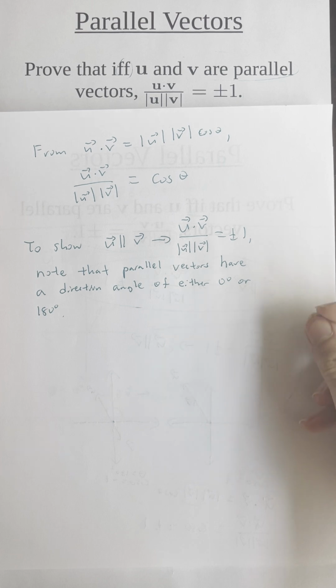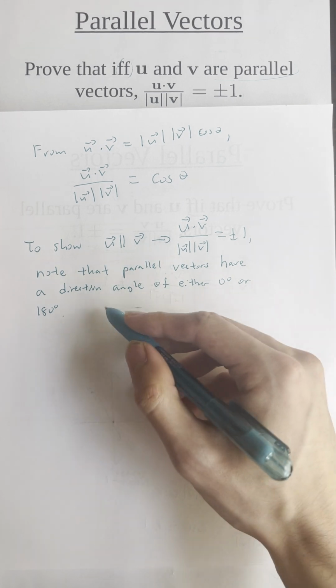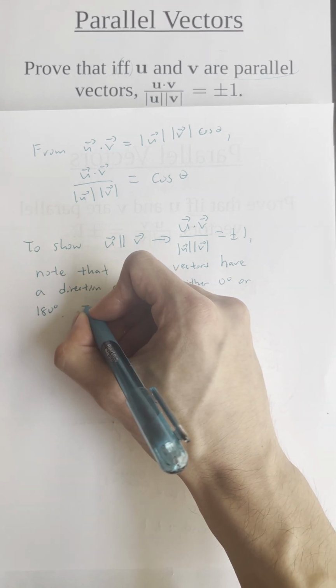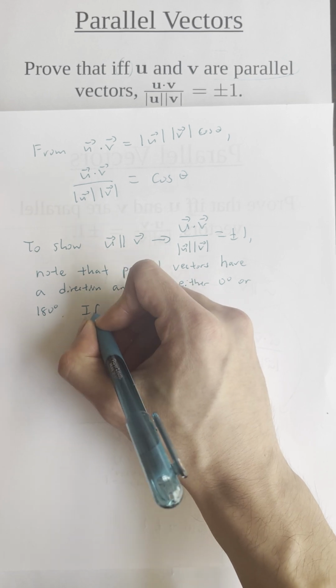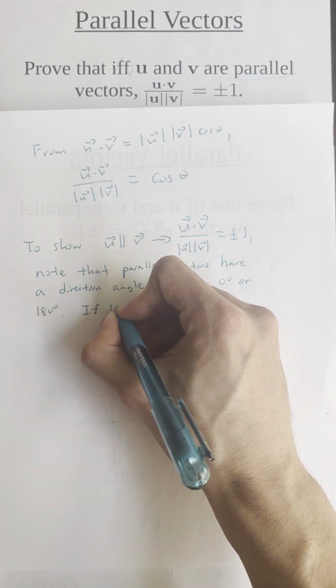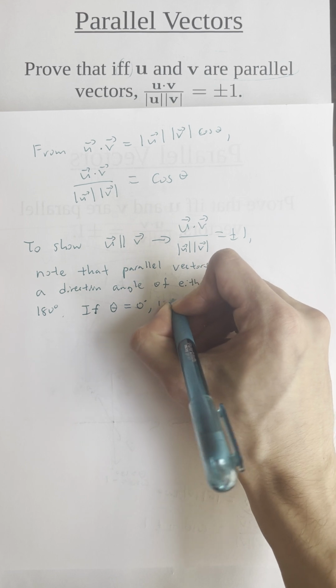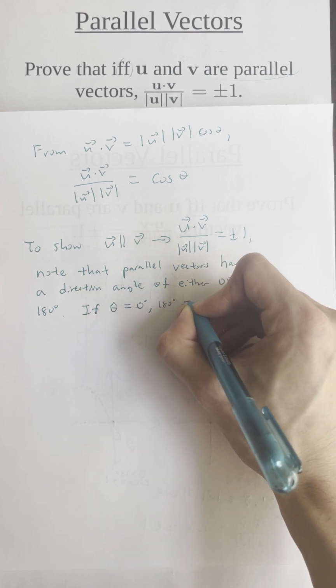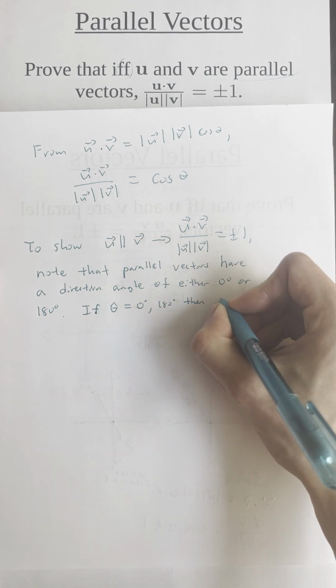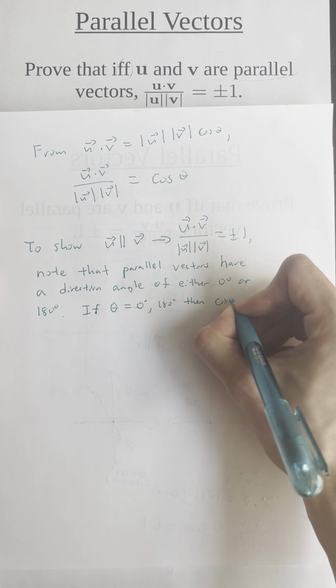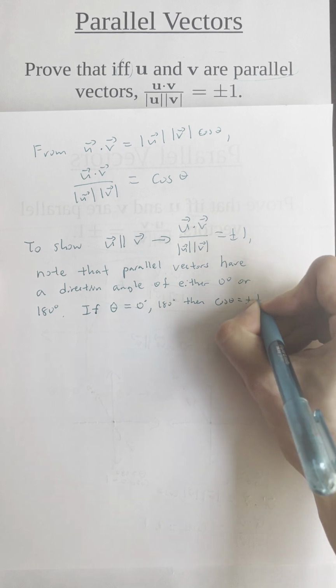Okay. If theta equals 0 degrees or 180 degrees, then cosine theta equals plus or minus 1.